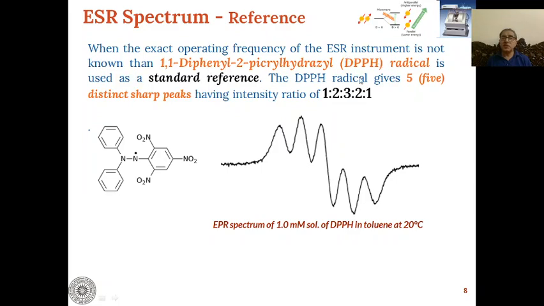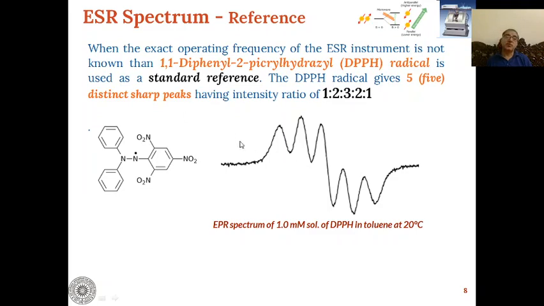Then we can have information about the line width, which is related to the transverse relaxation time. Then from ESR we can have information about how many unpaired electrons are present in the compound, species or entity. Then the interaction between electron and nuclei can be obtained from the ESR spectrum, which is related to the hyperfine structure of the molecule or entity.